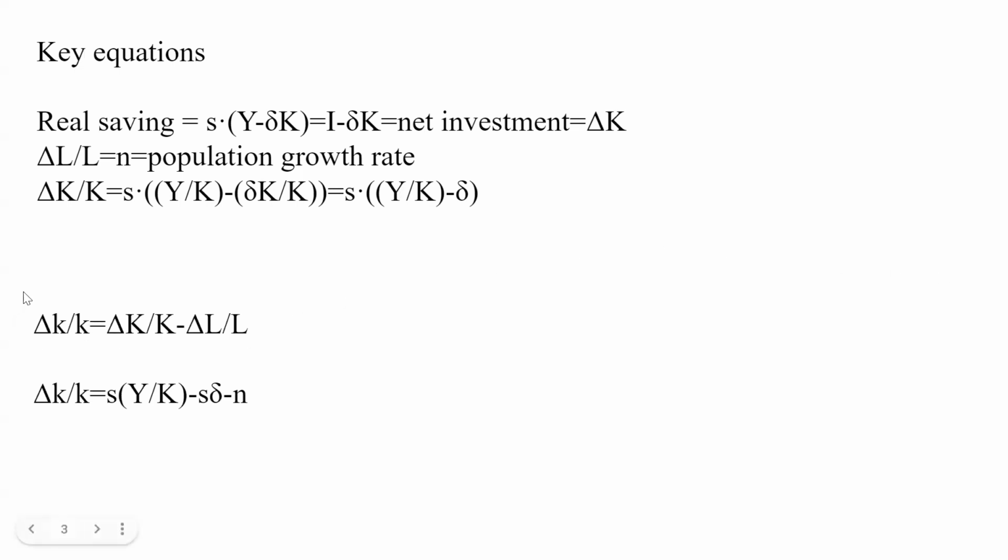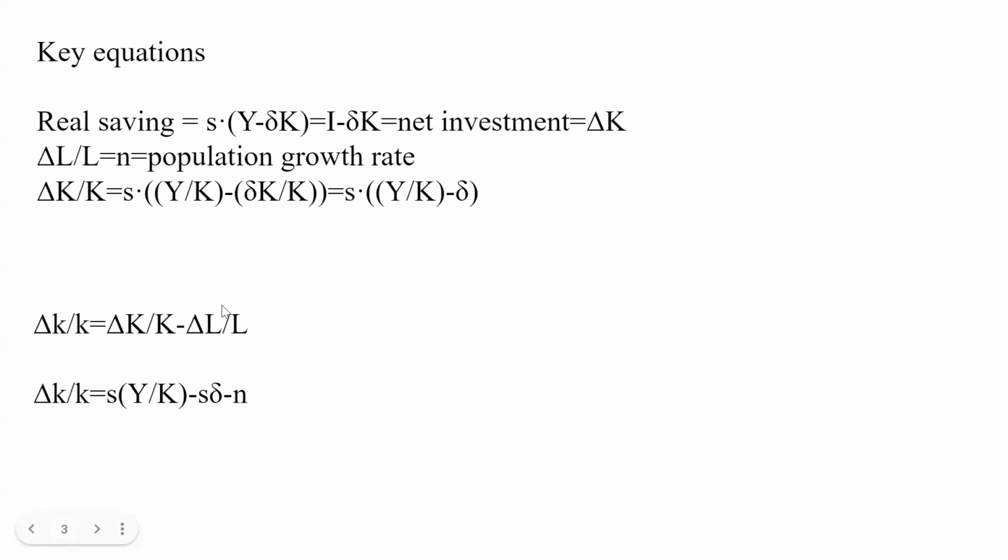Another really important equation here is that the growth rate of capital per worker is equal to the growth rate of capital minus the growth rate of labor. So we know the growth rate of capital is just equal to the savings rate times the average output of capital minus depreciation, and we can substitute that in here.